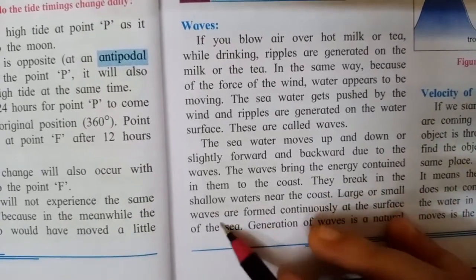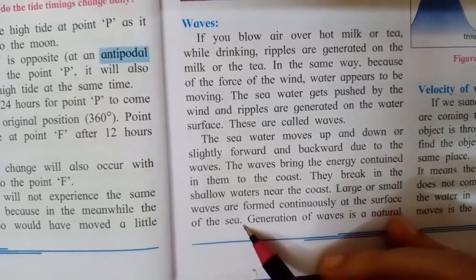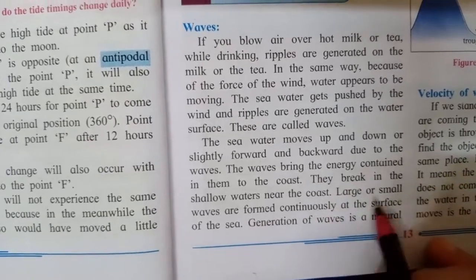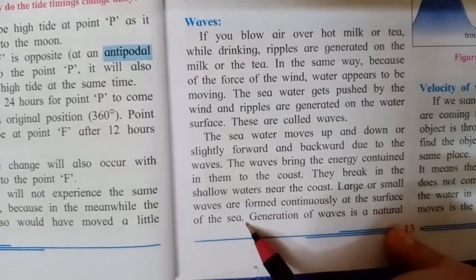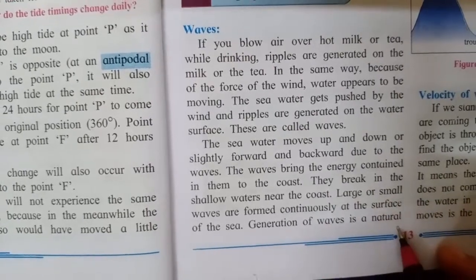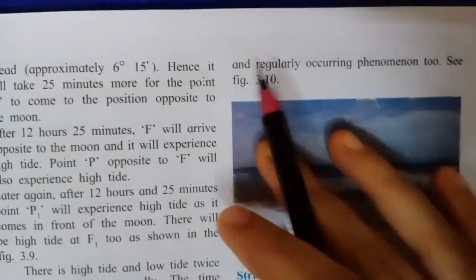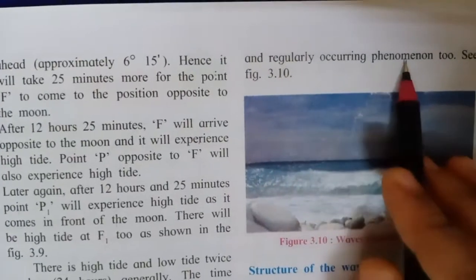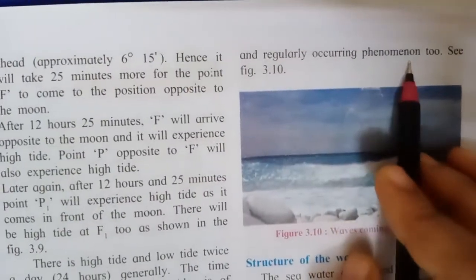Large or small waves are formed continuously at the surface of the sea, as there is lots of wind blowing. Generation of waves is a natural and regularly occurring phenomenon.